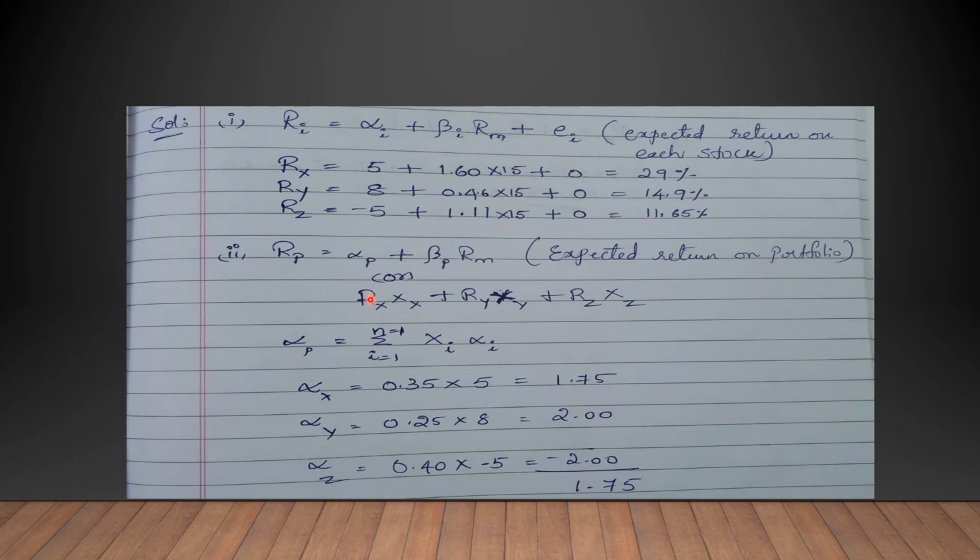We take the return on individual stocks and the weightage of those stocks, X or W, both are the same. Any alphabet you can use. It is nothing but the proportion or weightage given of each stock. Same for Y stock, return on Y into weightage of Y plus return on Z into weight of the other stock. That is the summation of 3 stocks.